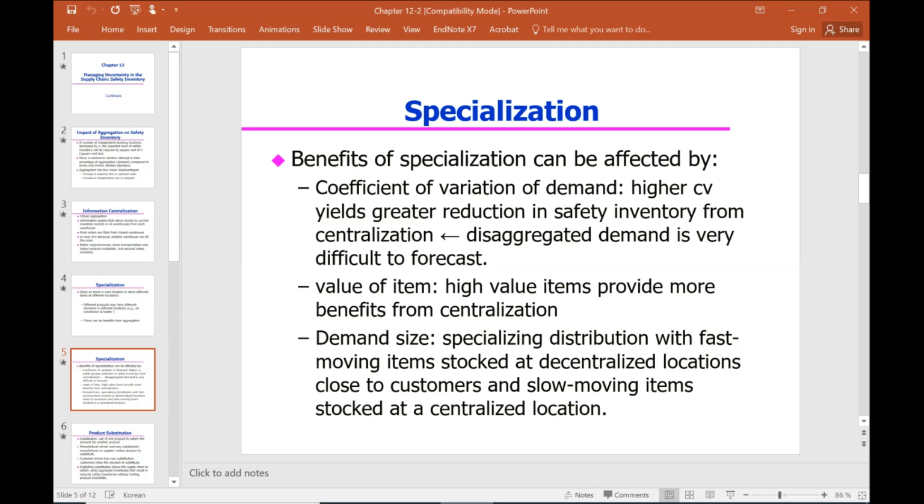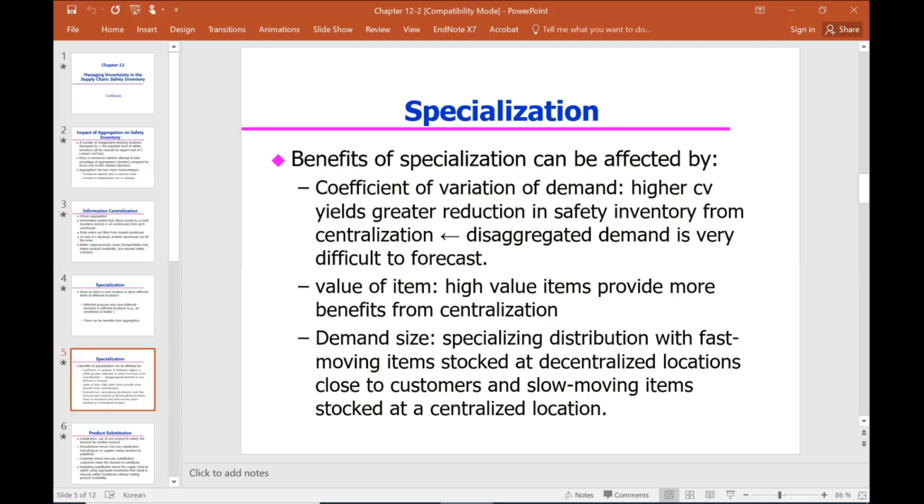In other words, if you store a more expensive item, you have to spend more money to hold that inventory. So if you aggregate the safety stock, you can reduce the safety stock, and when the value of inventory is very high, you can save a lot of cost.